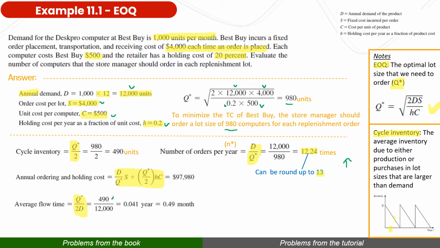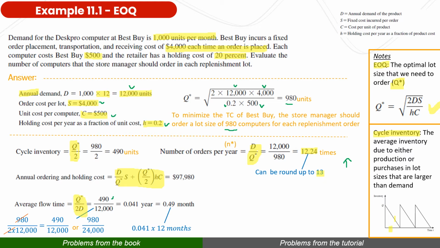So it is actually the same if we put the 980 divided by 2 times 12,000, and we got 0.041 year, and then we can simplify it to months, 0.041 year times 12 months, and we get 0.49 months.